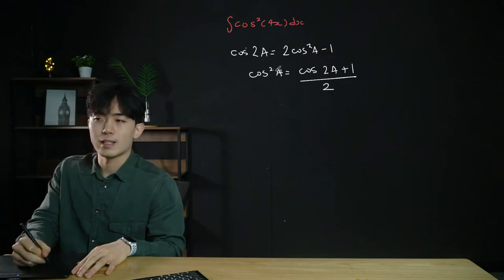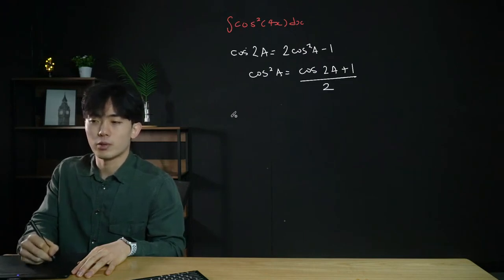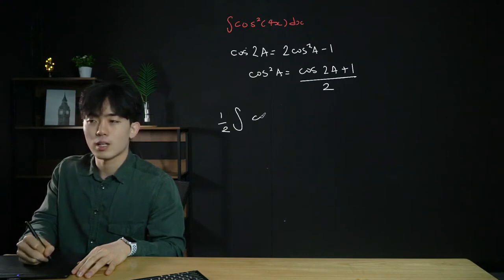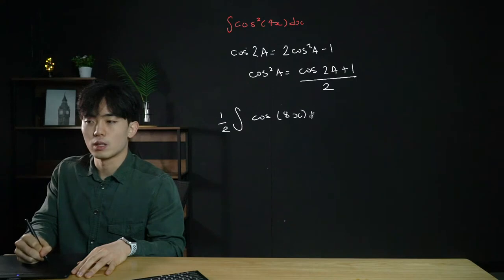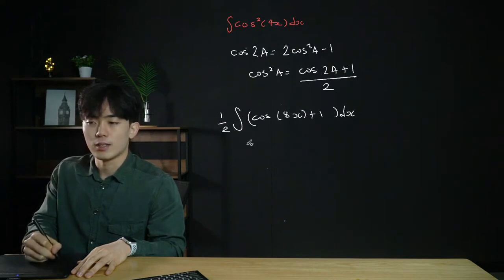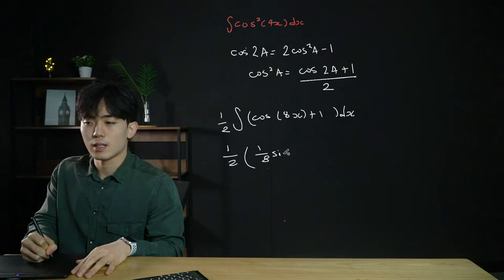In this case, our a is equal to 4x, so if we integrate, bringing the 1 over 2 outside, we have cos 8x plus 1, with dx. Integrating this, we have 1 over 2, and in brackets, 1 over 8 sine 8x plus x, and then plus c.